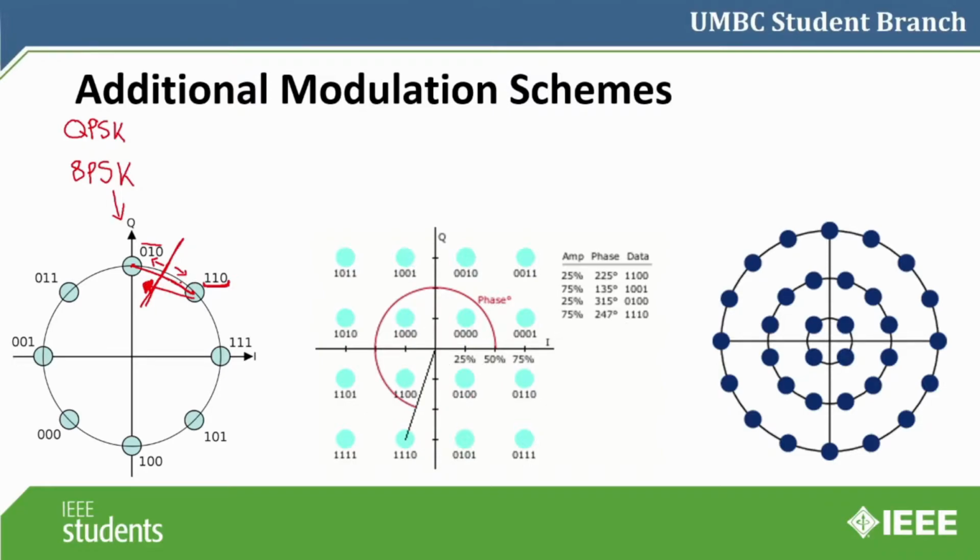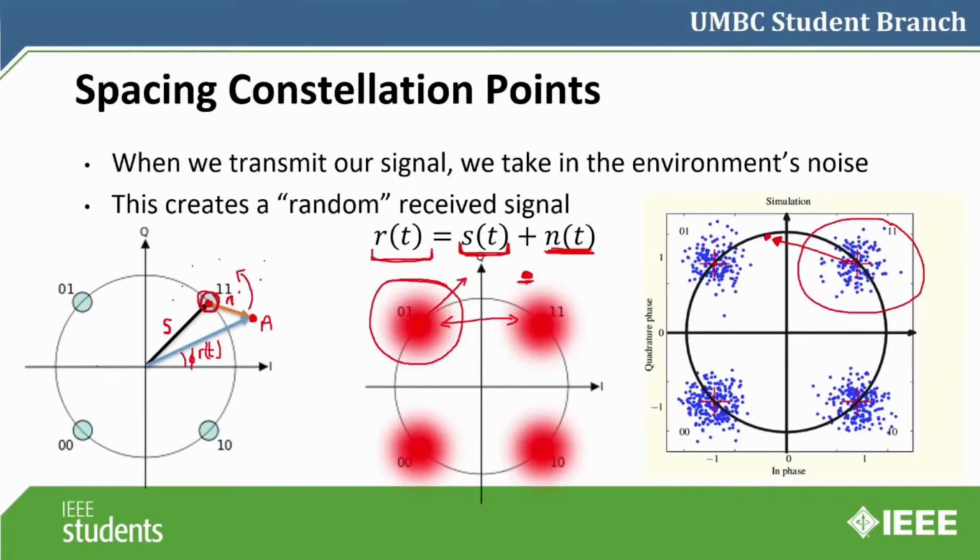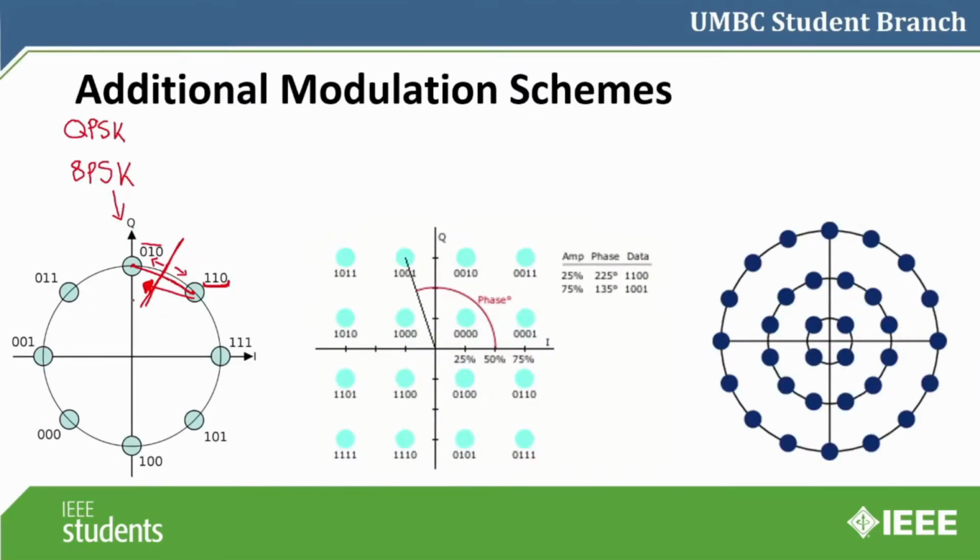If we have a very noisy channel, we'll want to use QPSK, the 4 here, instead of 8 PSK, because with QPSK the points are farther apart, and we can accept more noise into our system. But if we have a less noisy channel, then we can use 8 PSK, and now we're getting an extra bit into each symbol that we transmit on the wave, which gives us a higher data rate.